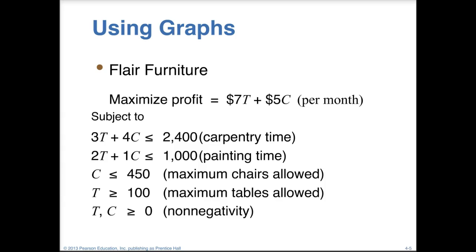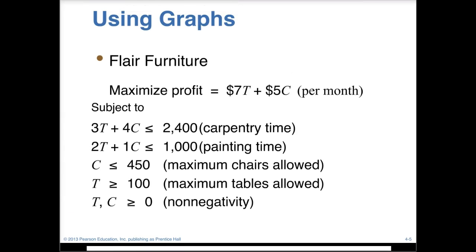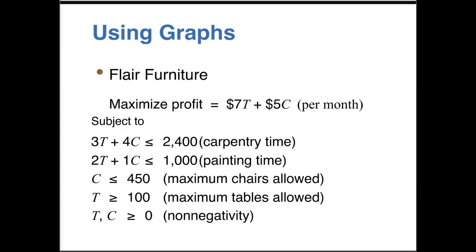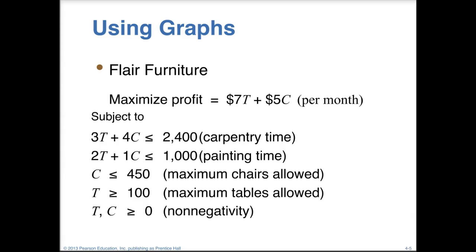So here we know that 3T plus 4C is less than or equal to 2400. We know that this is a particular constraint, and of course there's an associated equation with that. So we want to look at how we can actually plot this.